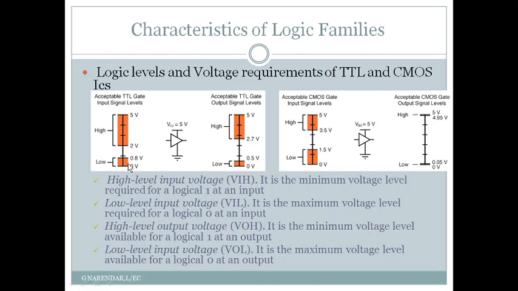Similarly, we define the voltage range for the high signal or logic 1 signal. For circuits of the TTL family, the range for logic 1 is 2 volts to 5 volts. That means if you apply any voltage at the input of a logic circuit anywhere between 2 volts and 5 volts, it is treated as a high voltage or logic 1 by the circuit.